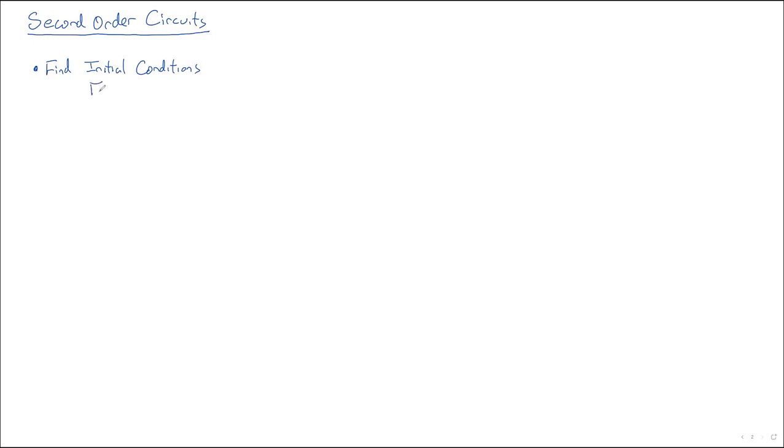For first order, no matter what we were asked to find, we found either V sub C for time less than 0 or I sub L for time less than 0.